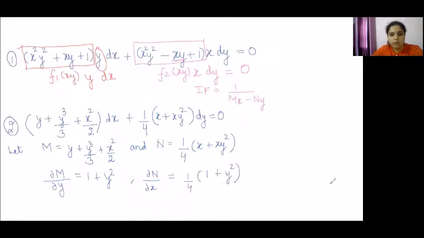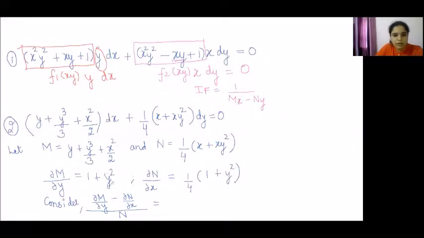So coming to the problem, consider del m by del y minus del n by del x, whole divided by n. We are considering this one, so we can write here, consider this one.